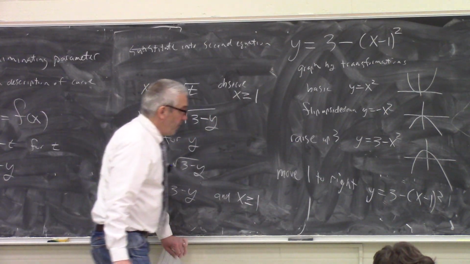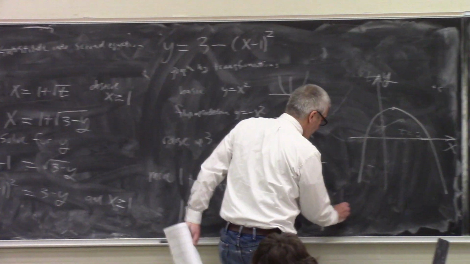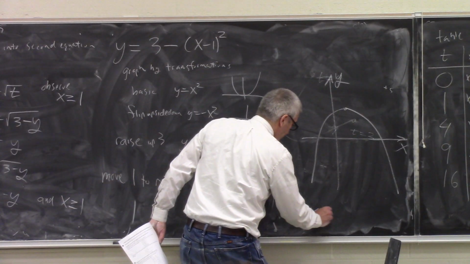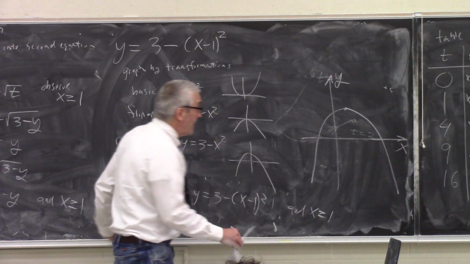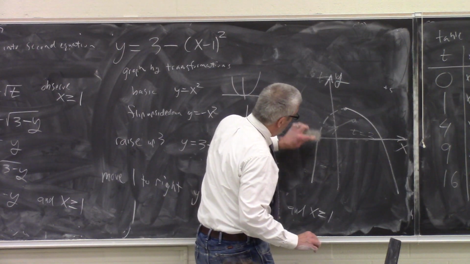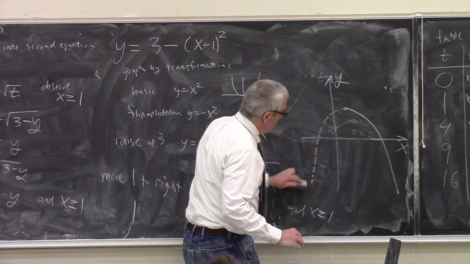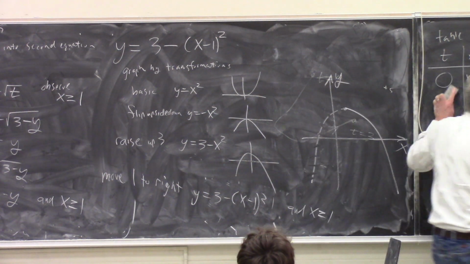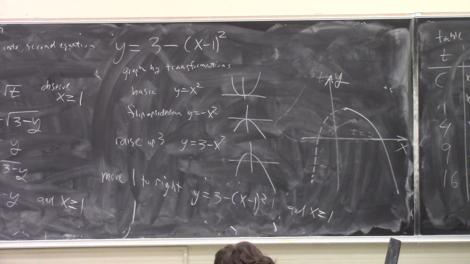So when I get all the way over to here, and x is greater than or equal to 1, that tells me that I have to cut this graph off and only use the right half of it. A lot of students are not aware of how careful you have to be.